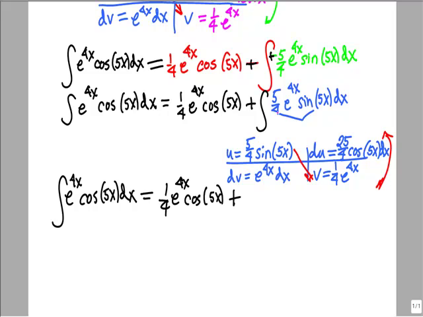So now working this, it's this uv, so it's 5/4 times 1/4 is 5/16 e to the 4x sine 5x minus the integral of v du, right here, v du, which is 25/4 times 1/4. So it's 25/16 e to the 4x cosine 5x dx.